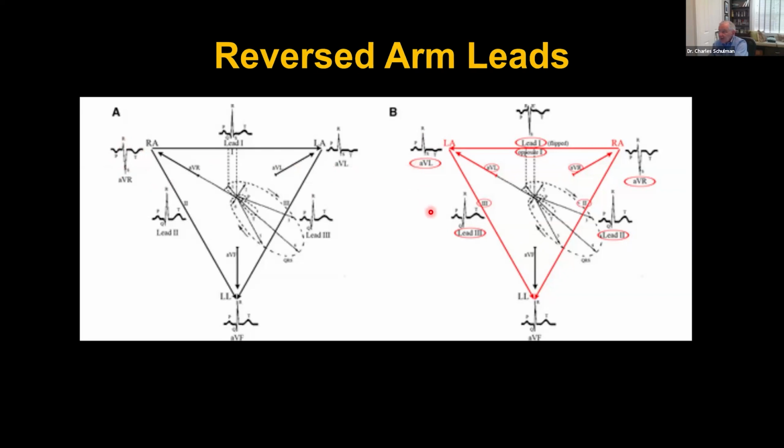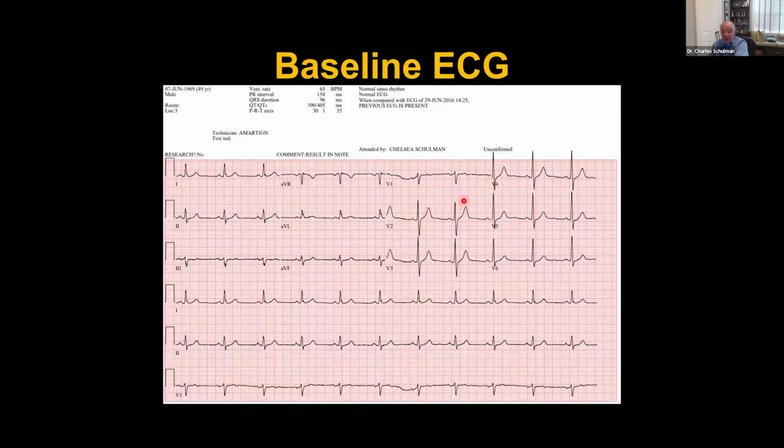So in fact, these are reversed. This is his baseline ECG, and you notice that now the axis is about 0, in the normal range, and AVR looks like a normal AVR, right?